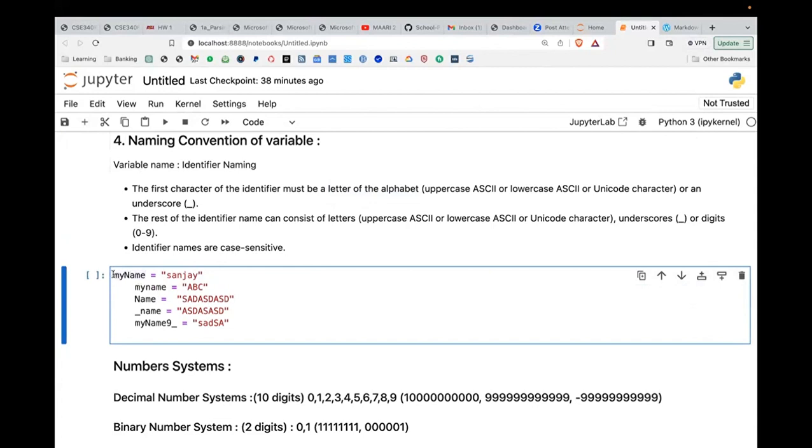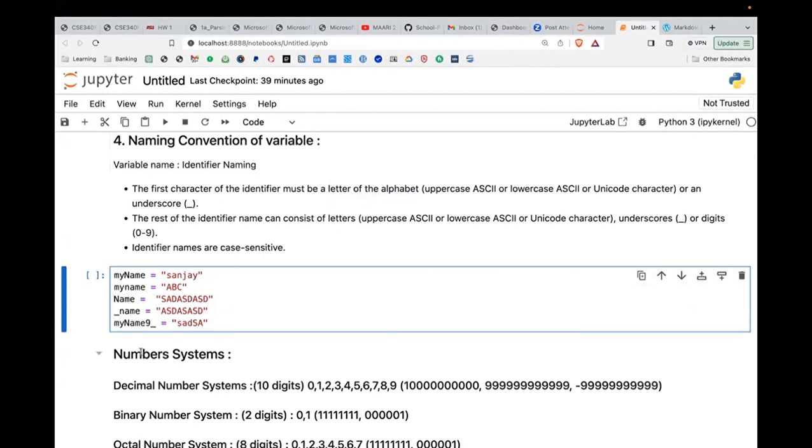It can start with any letter, small or upper case, it doesn't matter. These are all valid names. Even it can start with an underscore. Everything is fine. It can consist of any digit later, but the start should be an alphabet or underscore. It can be a small or capital alphabet. So these are all valid names.